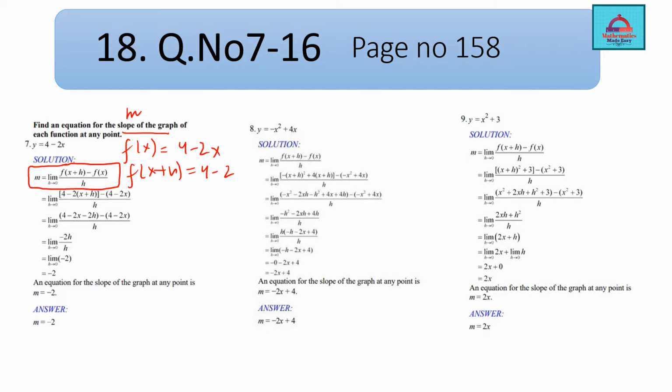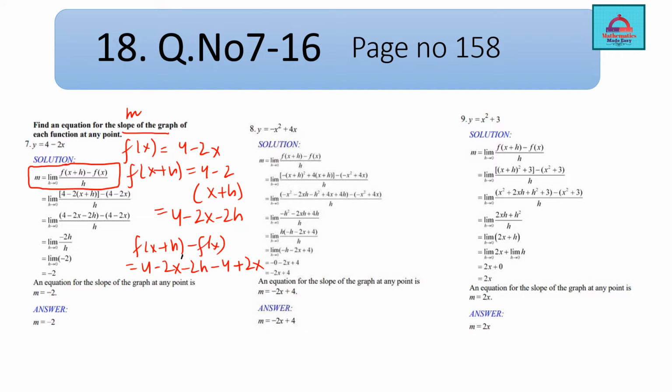So it will be 4 minus 2 times x plus h, which when opened gives you this value. You just substitute where there is f of x plus h, simplify, open, and cancel any common factors. So when you do f of x plus h minus f of x, what you get is 4 minus 2x minus 2h minus 4 plus 2x.